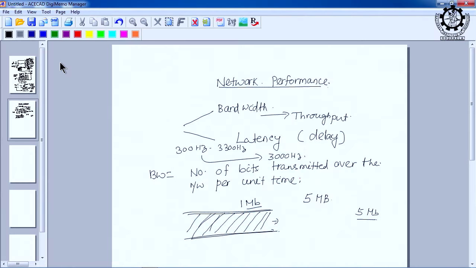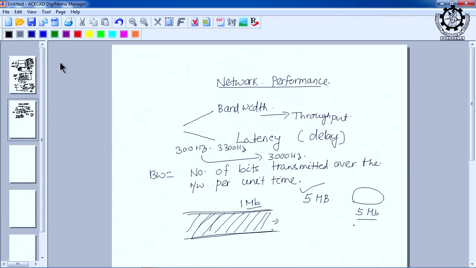If I say a channel can transmit 5 MB of data in 5 seconds, what is the bandwidth of the channel? It is 1 MB per second, right. That means the amount of data that could be held in a channel, or that it can transmit, is the capacity, that is the bandwidth of a channel.